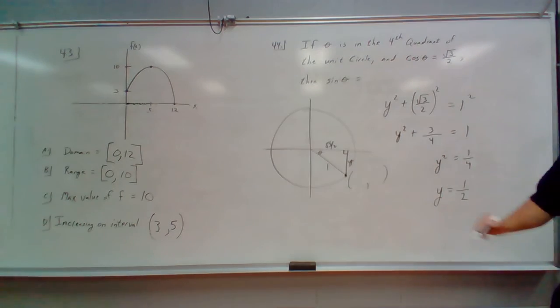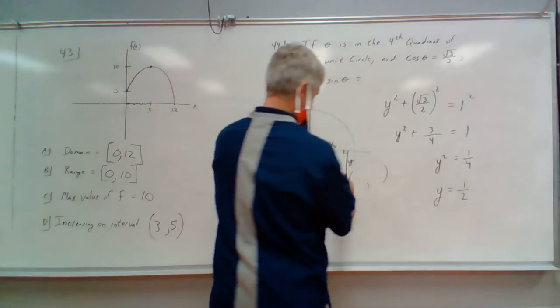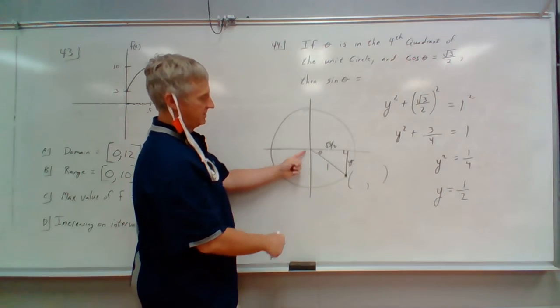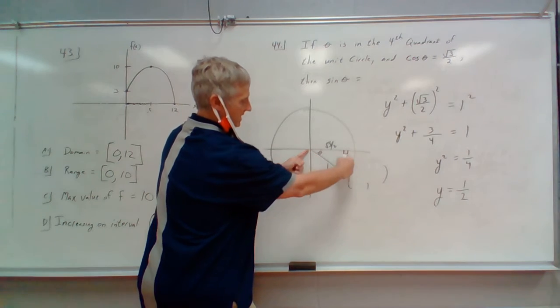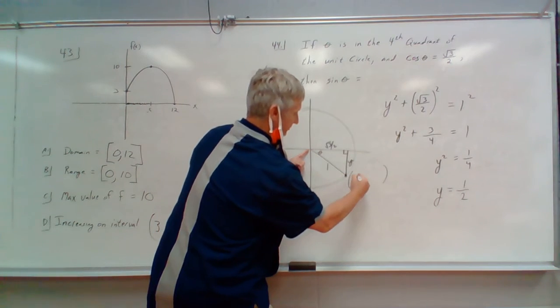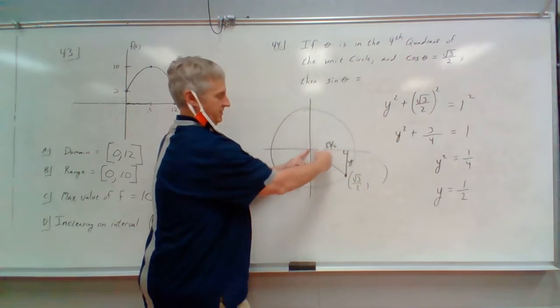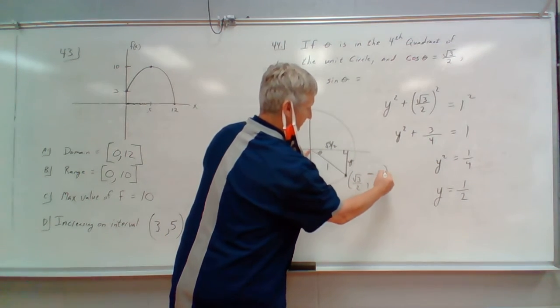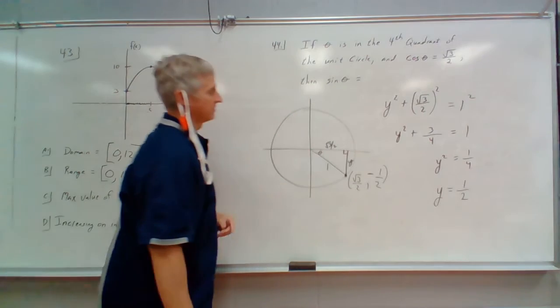But remember we're down here in the fourth quadrant. 1, 2, 3, fourth quadrant. So my x value of this point was the square root of 3 over 2 this way, but the y value will be negative. So that's going to be negative 1/2.